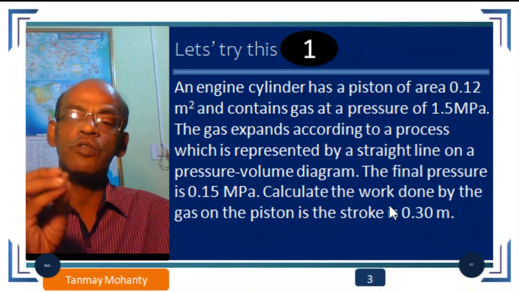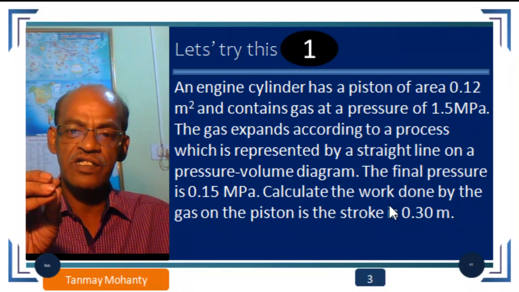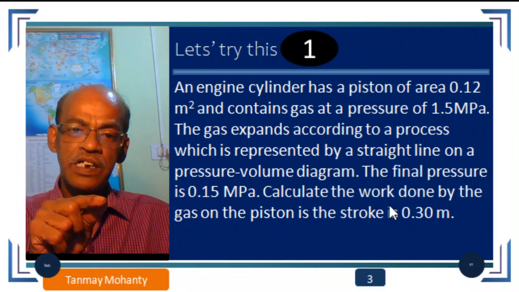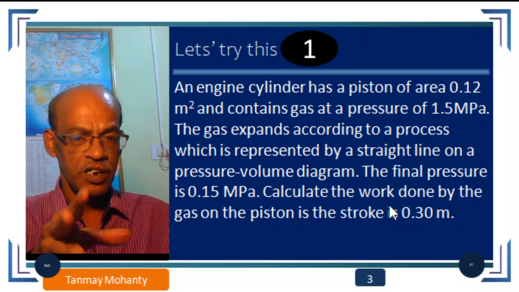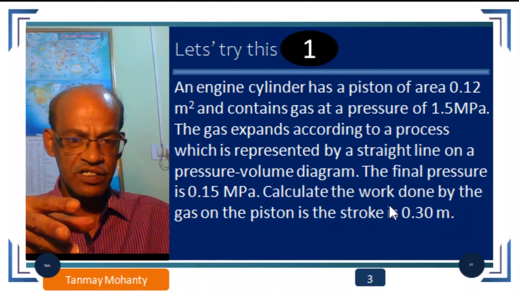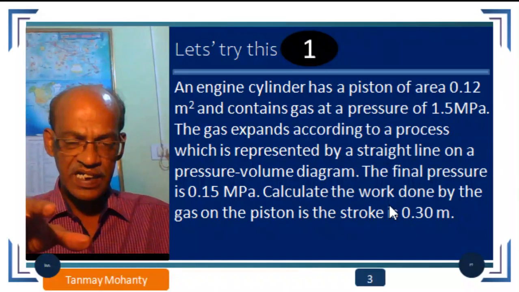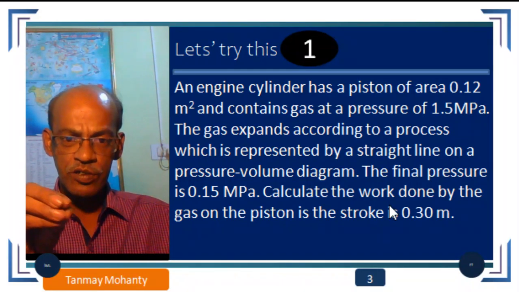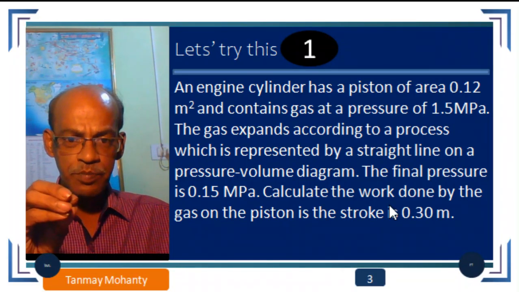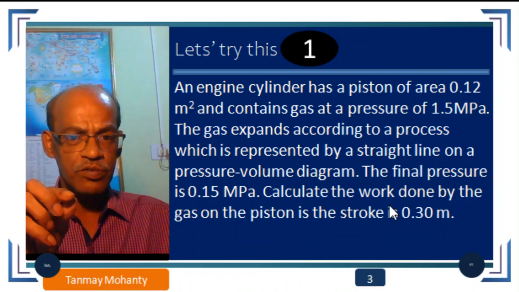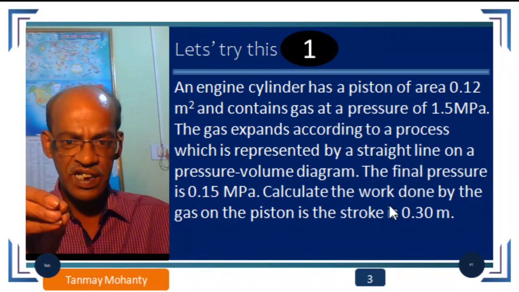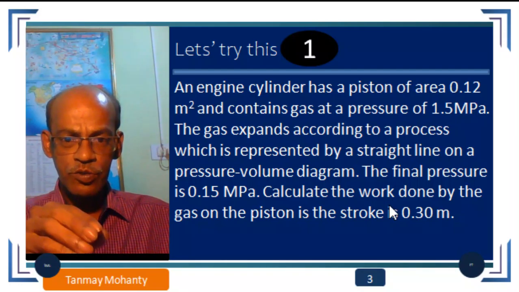Now pressure and volume, suppose there is a straight line relation, then we can express P as A plus BV, if you use your higher secondary knowledge. If Y and X are related by straight line equation, then Y equal to A plus BX. Similarly, pressure volume straight line means P equal to A plus BV, then we have to integrate from V1 to V2.